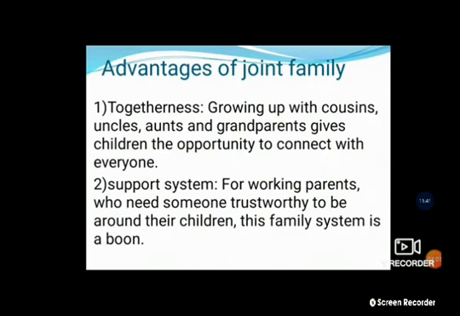For working parents who need someone trustworthy to be around their children, this family system is a boon. Because in a joint family, we are living with cousins, uncles, aunts, as well as grandparents. That's why in this family, support is very good.